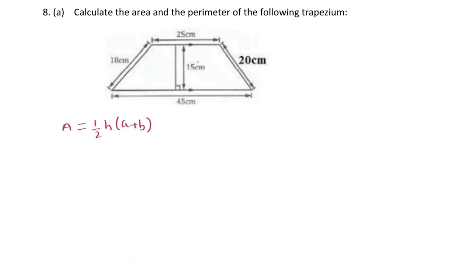So in our figure, we have h equals to 15, a is 25, and b is 45. So let us substitute them into our formula.